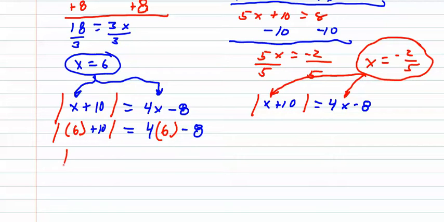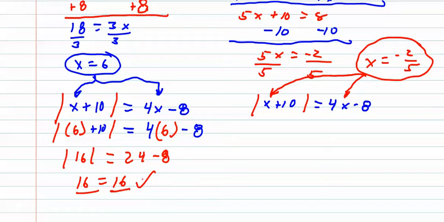I got the absolute value of 16 equals 24 minus 8. Absolute value of 16 is 16. 24 minus 8 is 16. 16 equals 16. It checks. This answer is good.